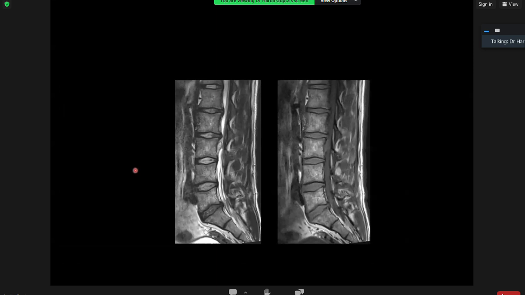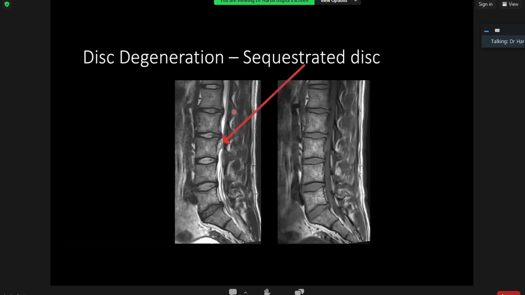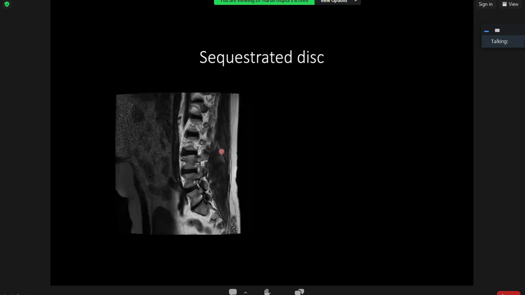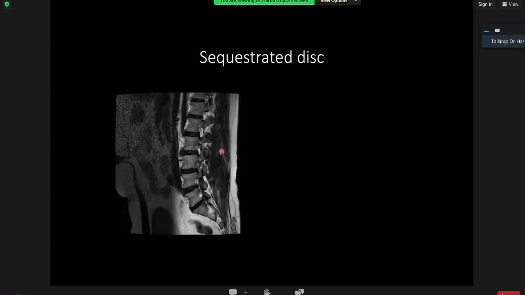Now, this is standard. We see this all the time. This is sequestrated disc material, and sometimes they can be bright in color. They don't always need to be low signal. And this is sequestrated disc extending completely behind the L3 vertebral body. So this is an example of another sequestrated disc.